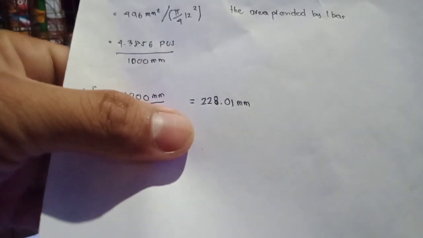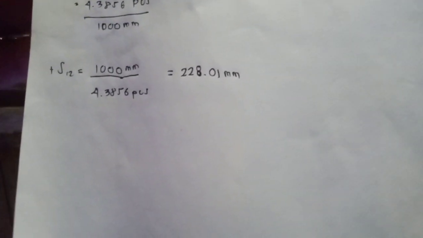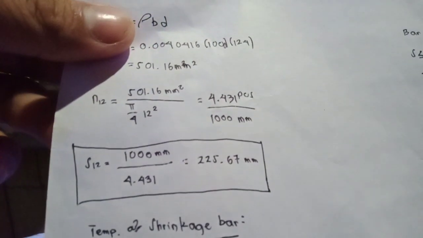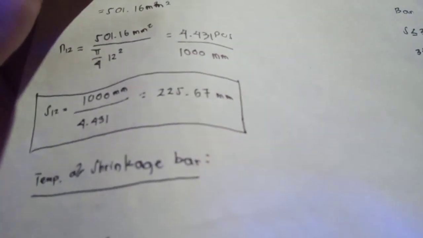So our spacing is less than 450, so we can adopt this. So the spacing of positive reinforcement is 228, and the spacing of negative reinforcement is 225.